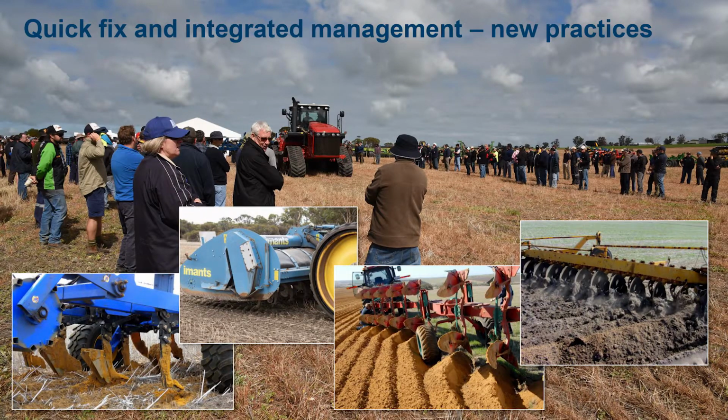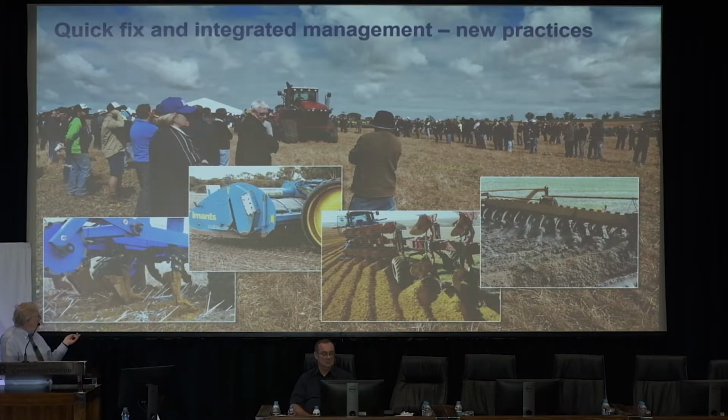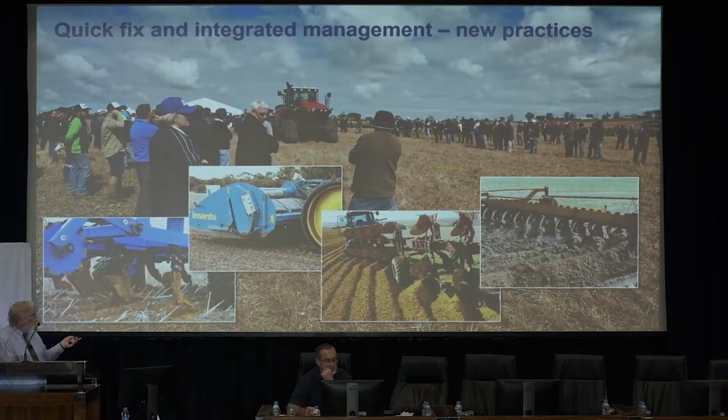Field days where various types of soil tillage equipment are being demonstrated, such as a deep ripping tine down to 550 millimetres with opener plates on here, plates that are designed to allow more soil from the surface to fall down in a seam, a rotary spader system, the old moldboard plough, which completely inverts the whole profile, and modified one-way ploughs, which throw the soil around a little bit more than the traditional one-way plough does.